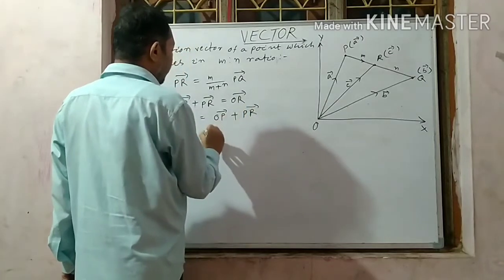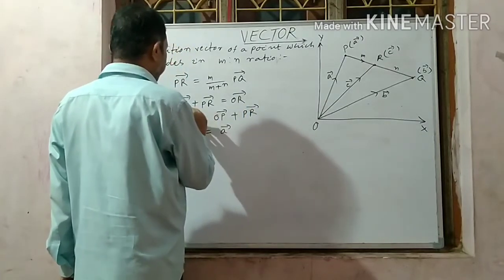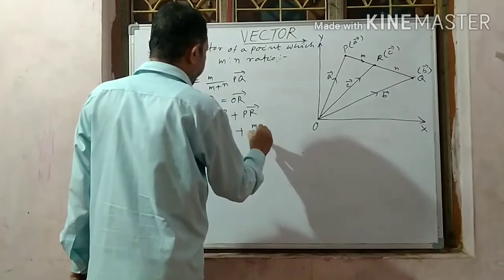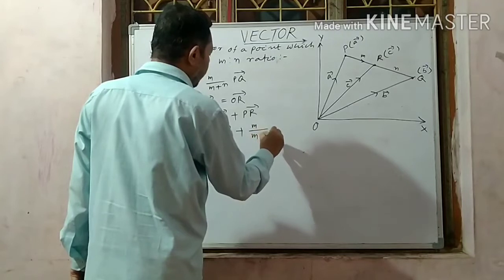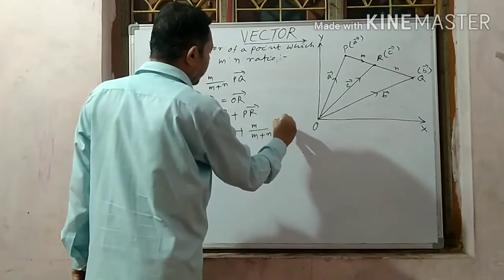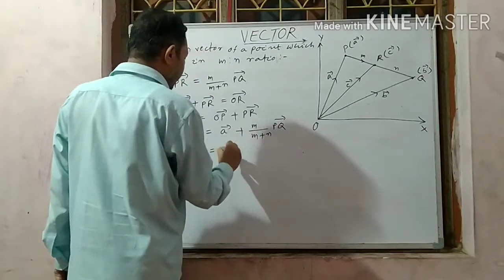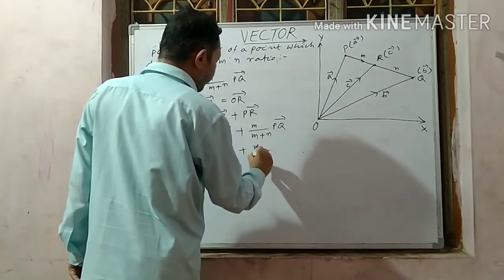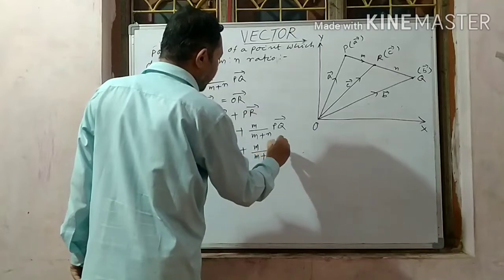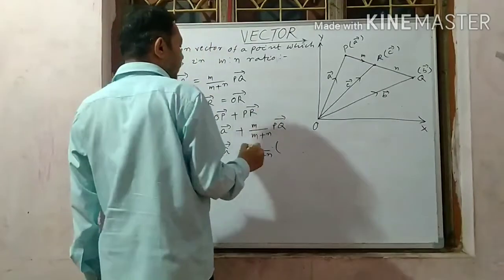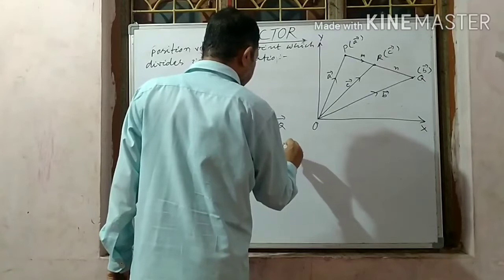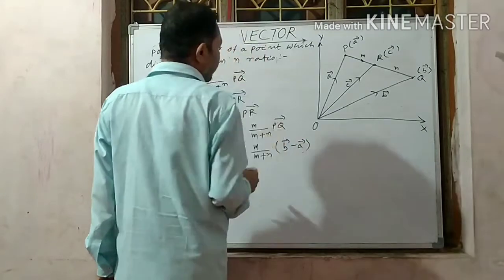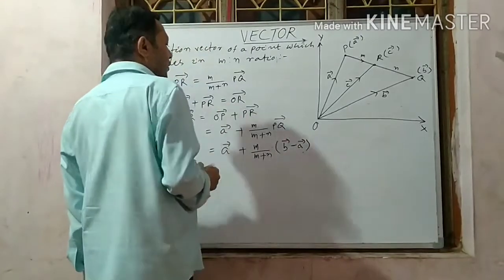Vector OP is vector A, plus PR is m by m plus n of PQ, or it is vector A plus m by m plus n of vector PQ. Vector PQ is B minus A, that is position vector of Q minus position vector of P.